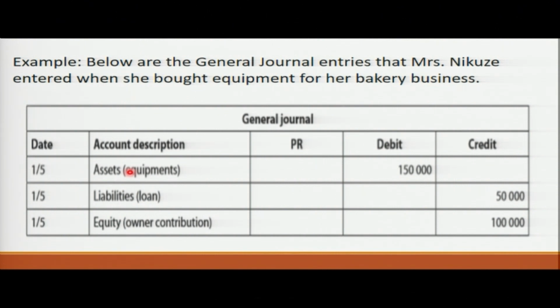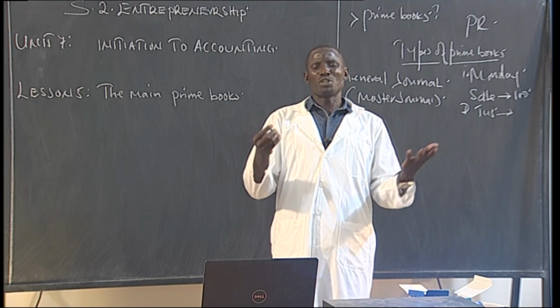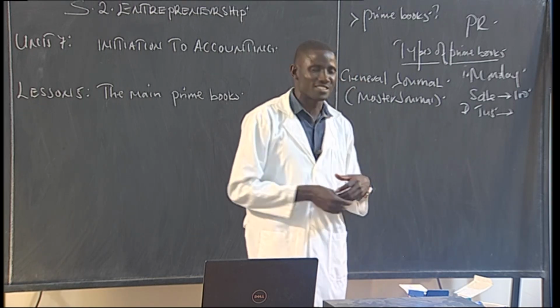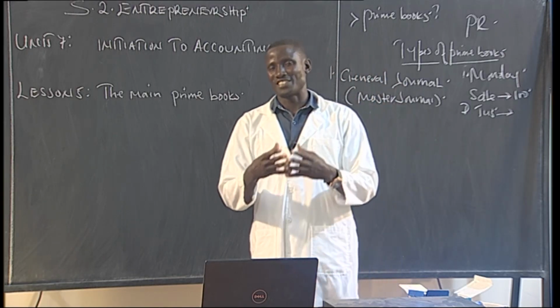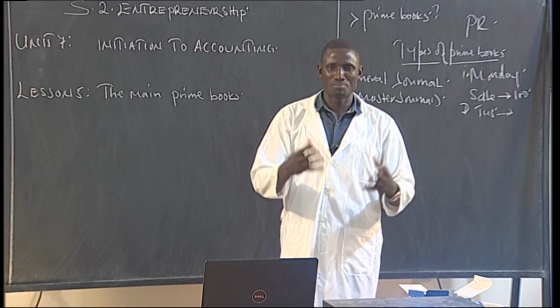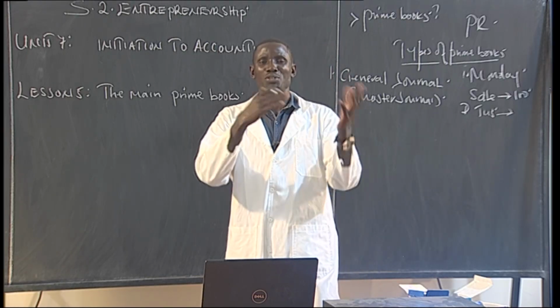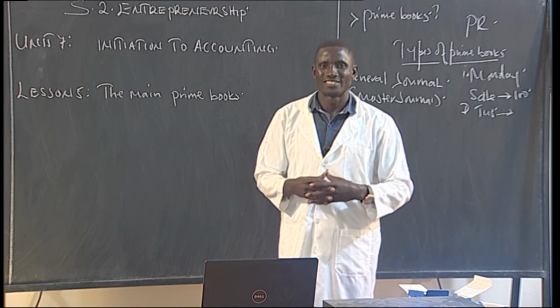Assets, we say that these are equipments. Assets can be in form of tangible and intangible assets. Okay? So, when we talk of intangible assets, what do we mean? On types of assets, when we talk of intangible and tangible, what is the difference between tangible and intangible assets?